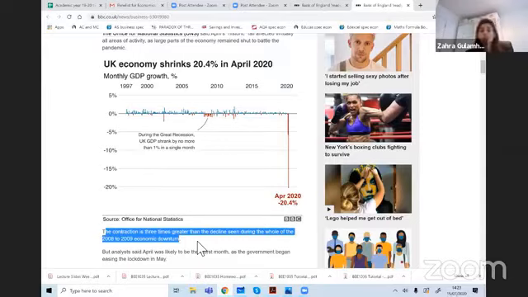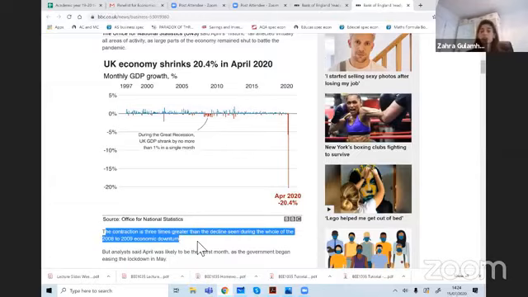So again, a lot of real world application, because now the government has used different monetary policies. It's used interest rates. We've also, by the MPC, had quantitative easing. So we've done 2 rounds of quantitative easing already. First one was 200 billion in March. The second one was 100 billion again in June.